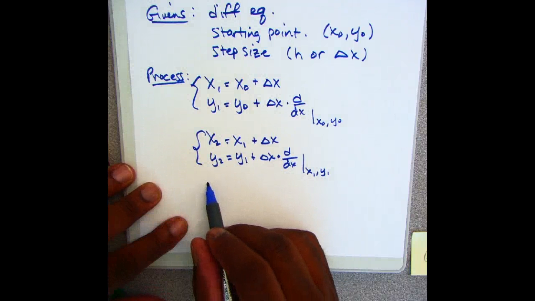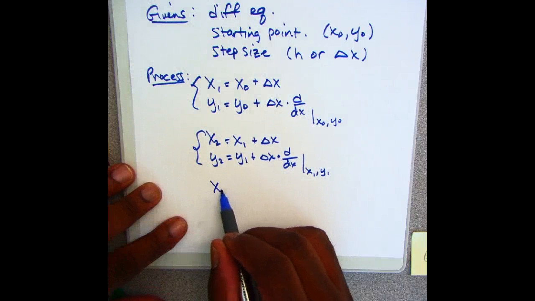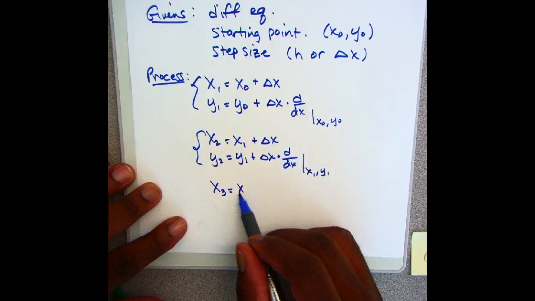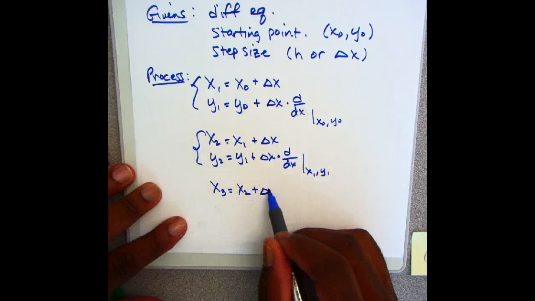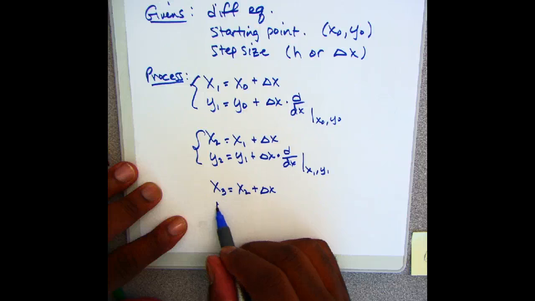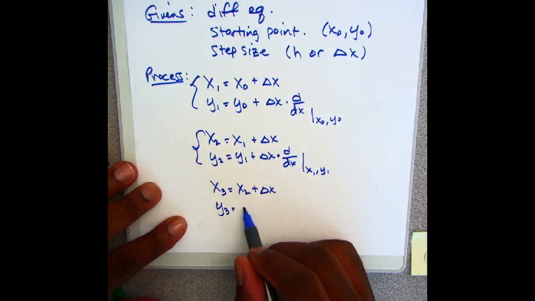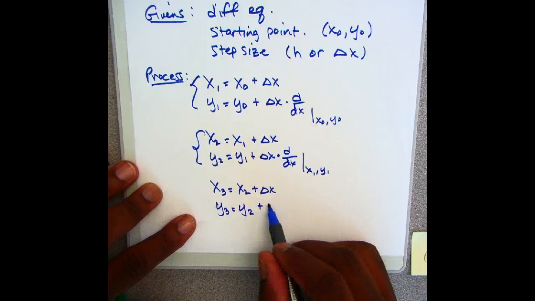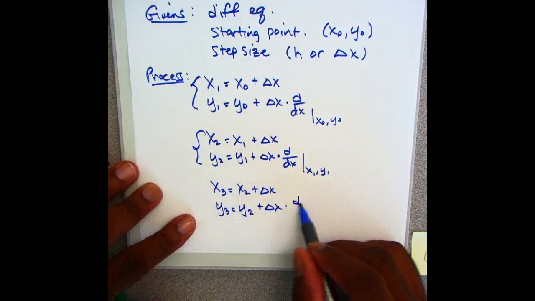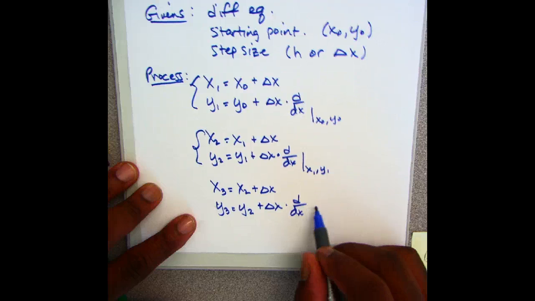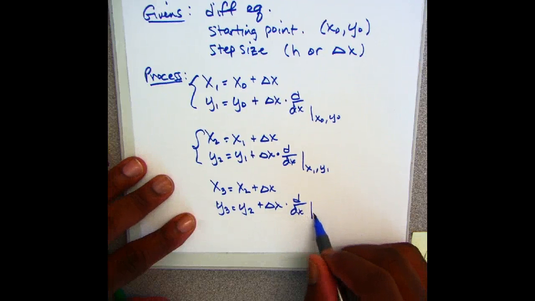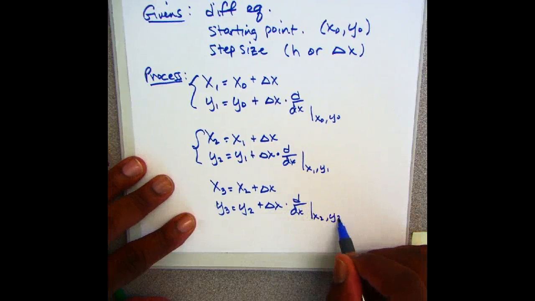X sub 3 would be x sub 2 plus delta x. Y sub 3 would be y sub 2 plus delta x times the derivative, or the differential equation, evaluated at x sub 2 and y sub 2.